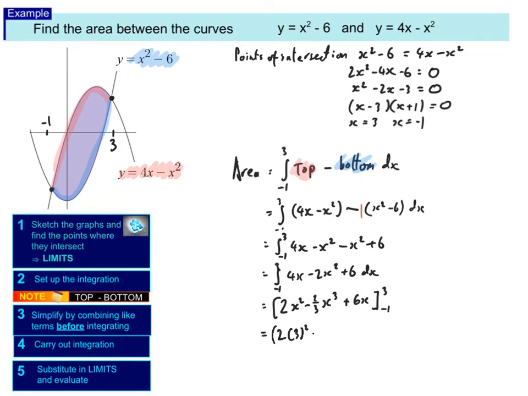3 squared minus 2/3 of 3 cubed plus 6 lots of 3. And I'm going to subtract whatever I get when I substitute in the lower limit. So 2 lots of negative 1 squared minus 2/3 of negative 1 cubed plus 6 lots of negative 1.